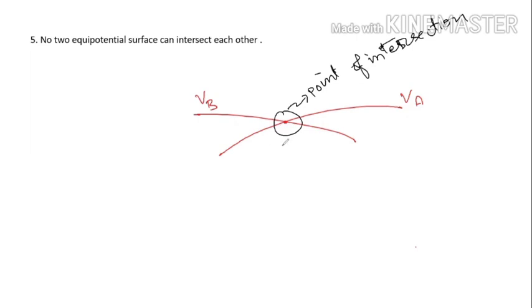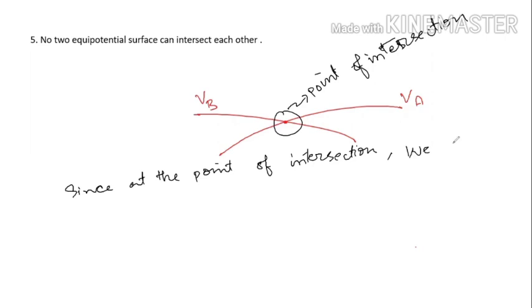So that is why, at the point of intersection, we have two potential values, which is not possible.